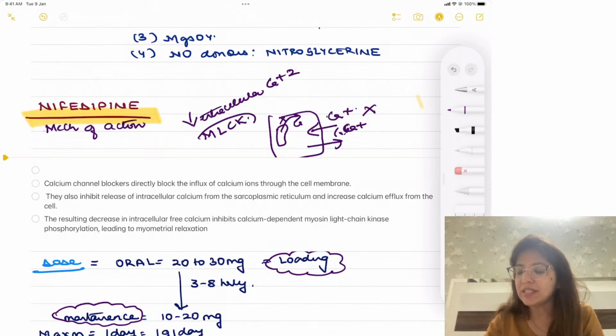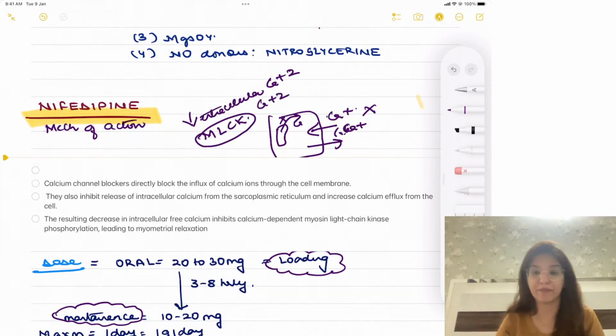And this myosin light chain kinase is a calcium dependent enzyme. So, if the levels of intracellular calcium are decreased, myosin light chain kinase activity is decreased, because of which uterine contractions are decreased. Have you understood? So, that is what nifedipine does.